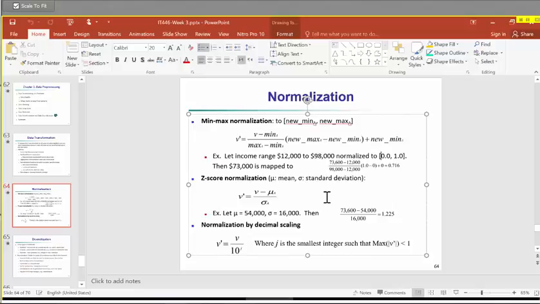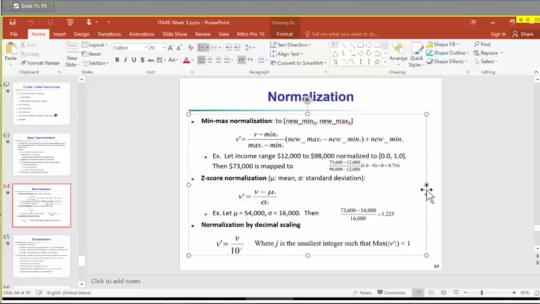The second type of normalization is known as the z-score normalization, where we have the mean, which is given by mu, this symbol which looks like a u or micro, and sigma. Sigma is the standard deviation.